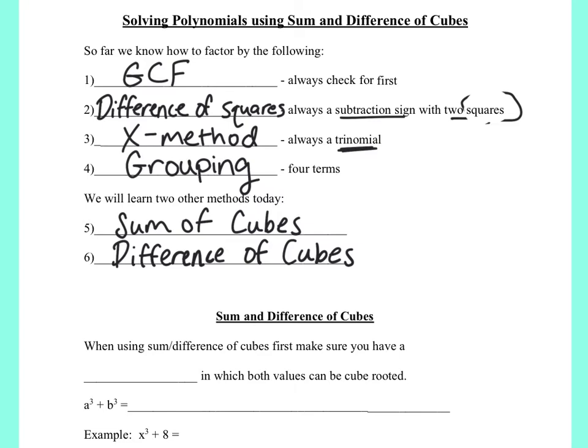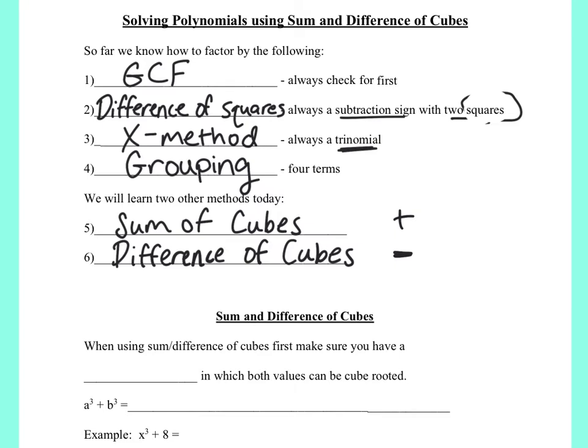What is a sum? Adding, right? So put a plus sign next to that so we are clear. Sum means addition. What does difference mean? Subtraction, right? So subtracting 2 different values. So sum of cubes and difference of cubes.